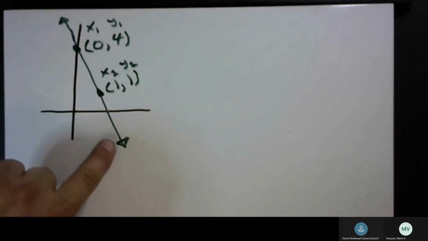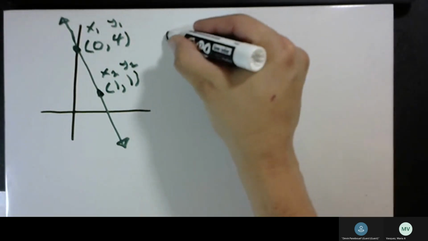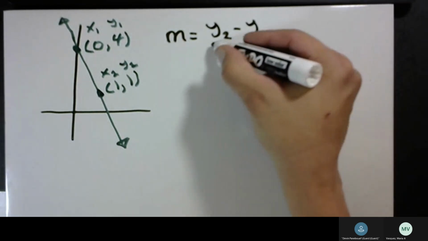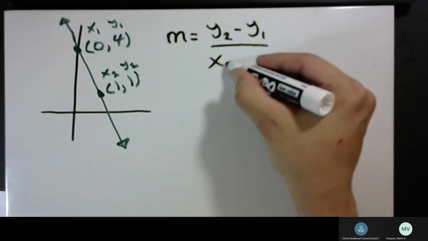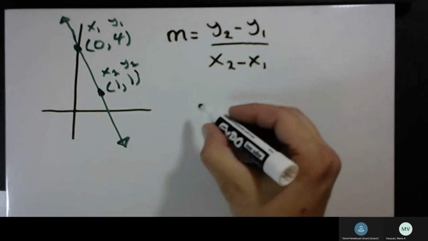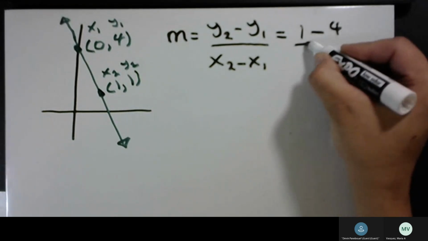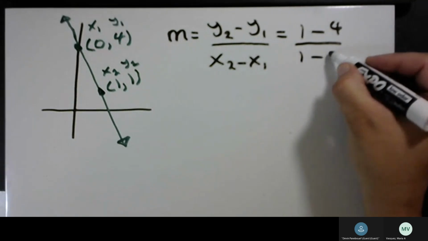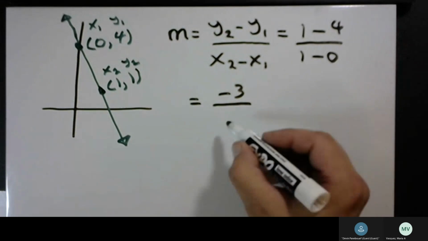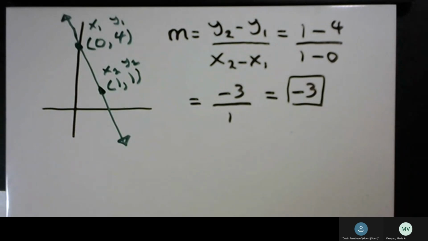Now, the way this line is, this is what you would expect for a negative slope. So let's see if we do the computation, it comes out negative. So you have 1 minus 4 over 1 minus 0. It's going to be negative 3 over 1. And sure enough, you get a negative slope.